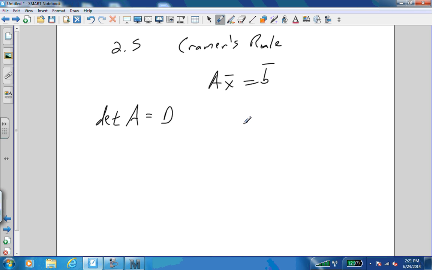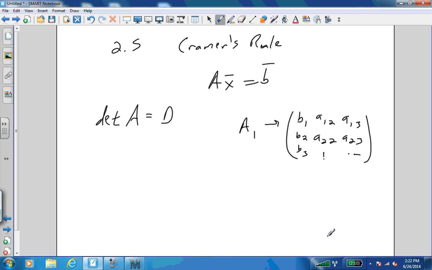Let's call A1 a matrix where we replace the first column of A with B. So the first column would be B1, B2, B3, and then the rest: A first row, second column, A first row, third column, and so forth. Second row, second column, second row, third column, and so forth.